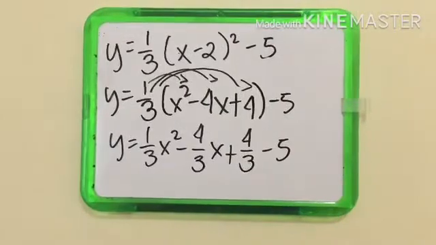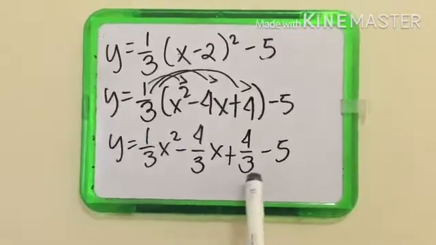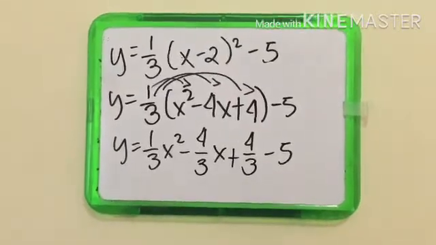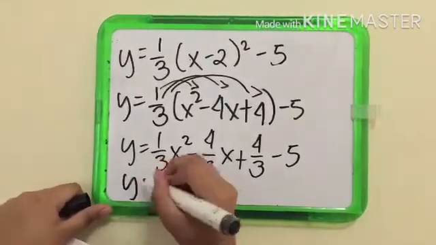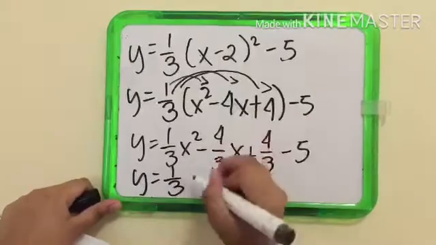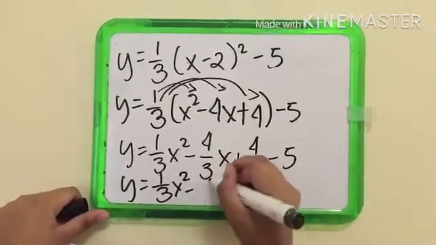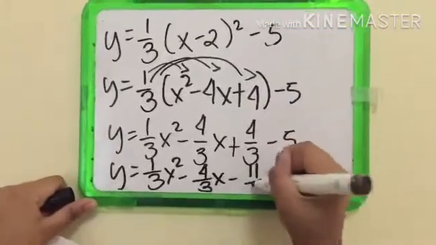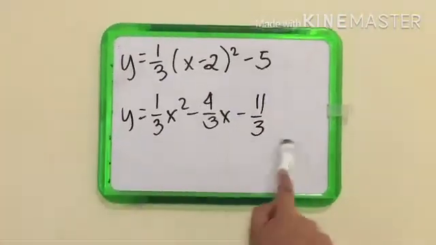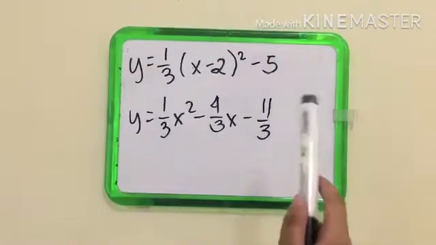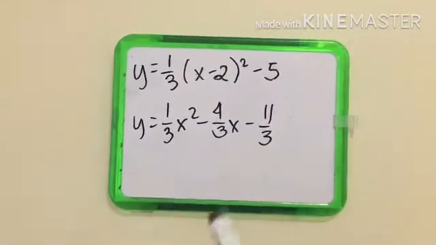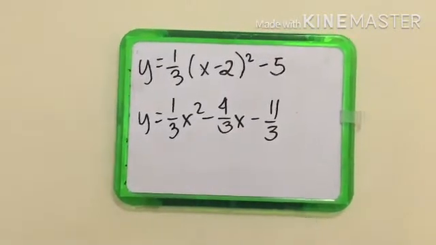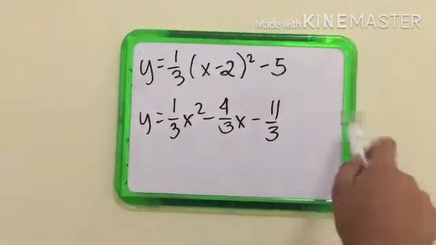Again, we add the constants, positive 4/3 and negative 5. So our answer is y equals 1/3 x squared minus 4/3 x minus 11/3. This is the standard form of y equals 1/3 times (x minus 2) squared minus 5. If you have questions, where did we get this negative 11/3?